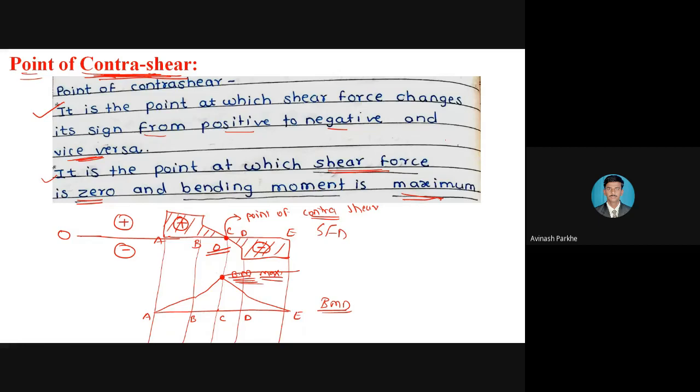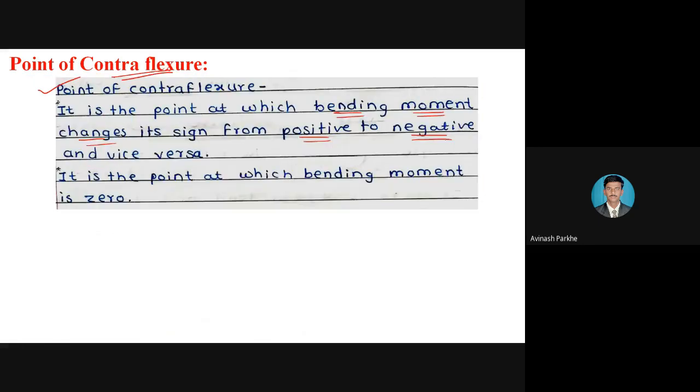But in case of a point of contraflexure, bending moment changes its sign from positive to negative. That particular point is called as a point of contraflexure.